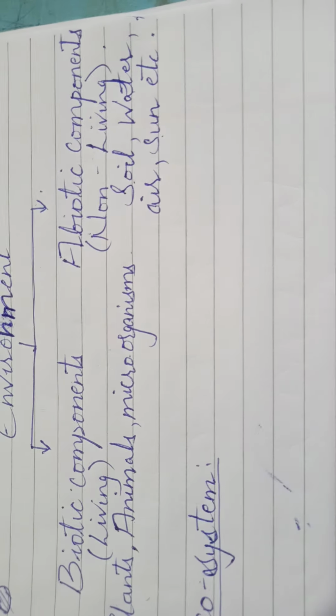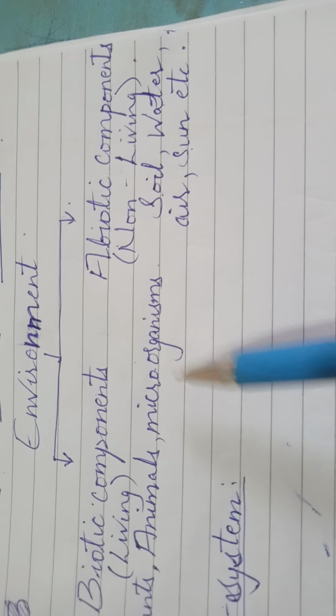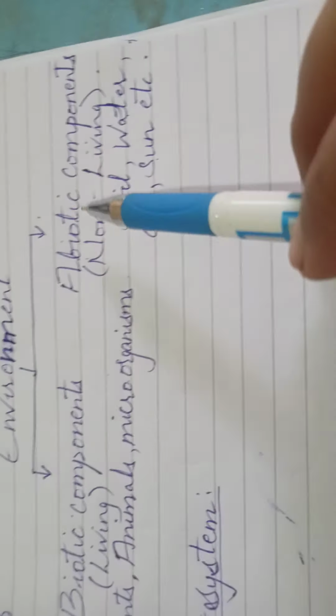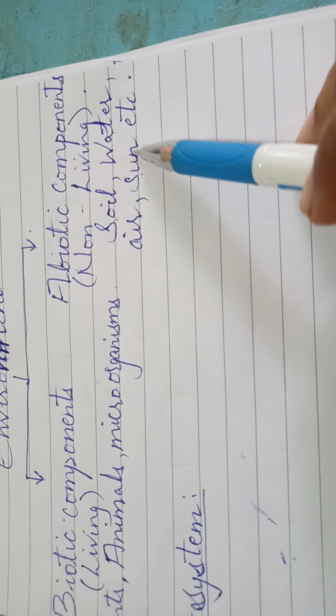So here these living things are interacting with, or are dependent upon, these non-living things for their development and their growth. And on the other hand, the soil, water and all these things are dependent upon these living organisms.